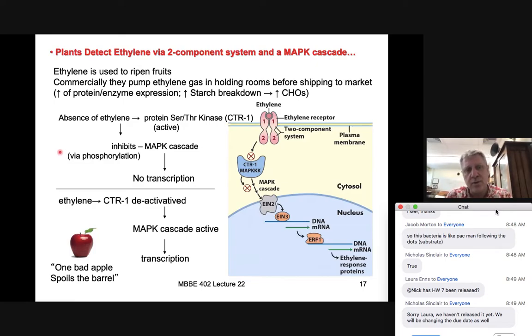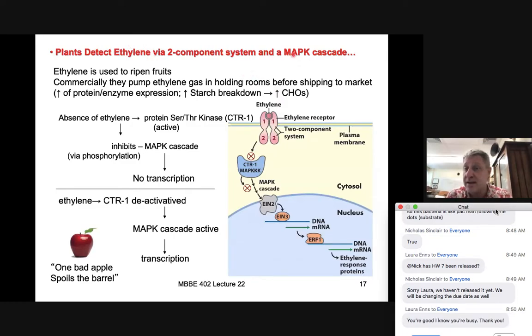But what plants actually do is utilize ethylene gas via a two-compartment system using a MAPK cascade to increase protein secretion to exacerbate the breakdown of those celluloses and starches, to increase carbohydrates for the cells and for the seeds to start their germination process.